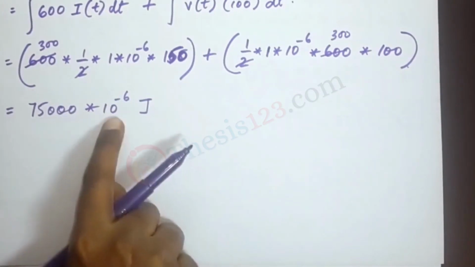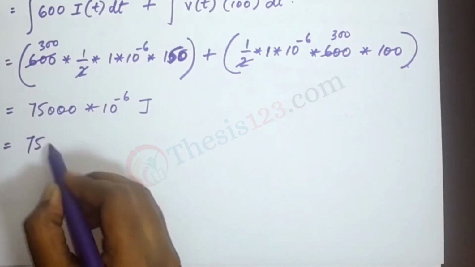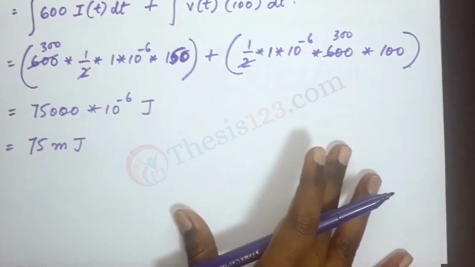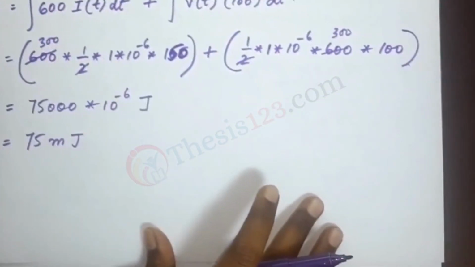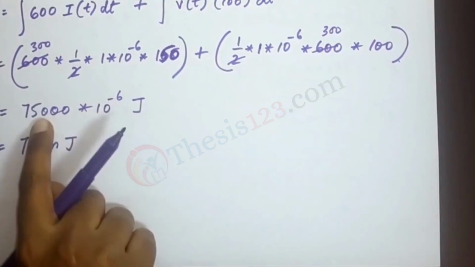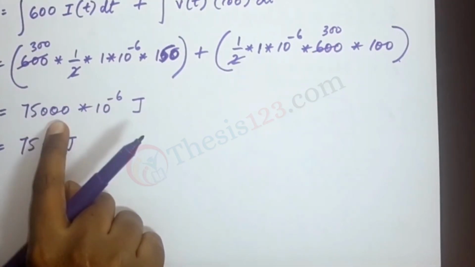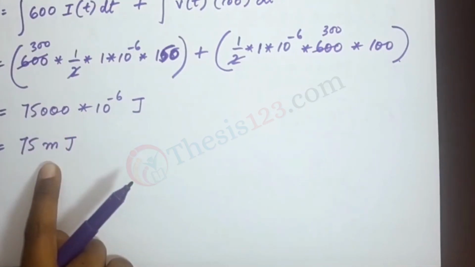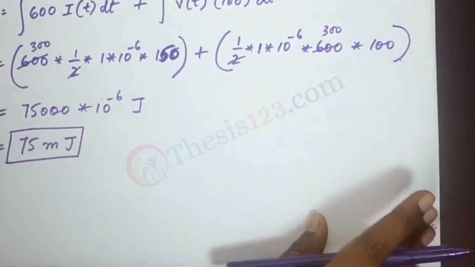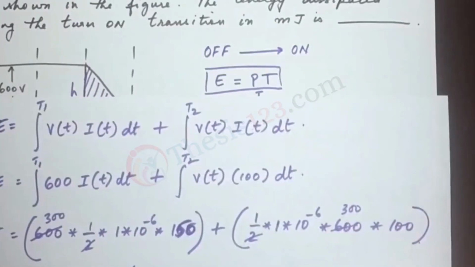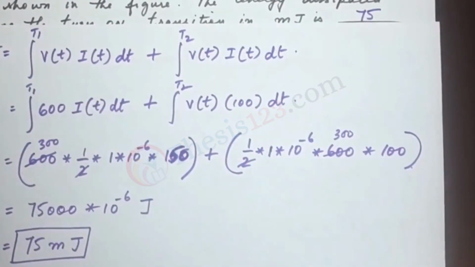If you solve this expression, you will get 75 millijoules, because the question asks in terms of millijoules. Here we have 75,000 into 10 power minus 6; if we write this as 75 into 10 power minus 3, we get 75 millijoules. So here is our final answer: 75 is the final answer. I hope this has helped.